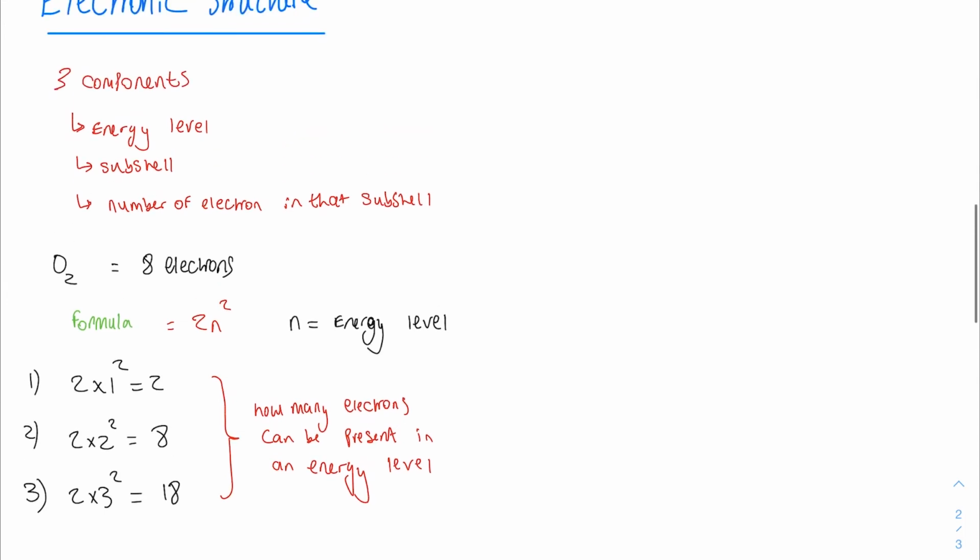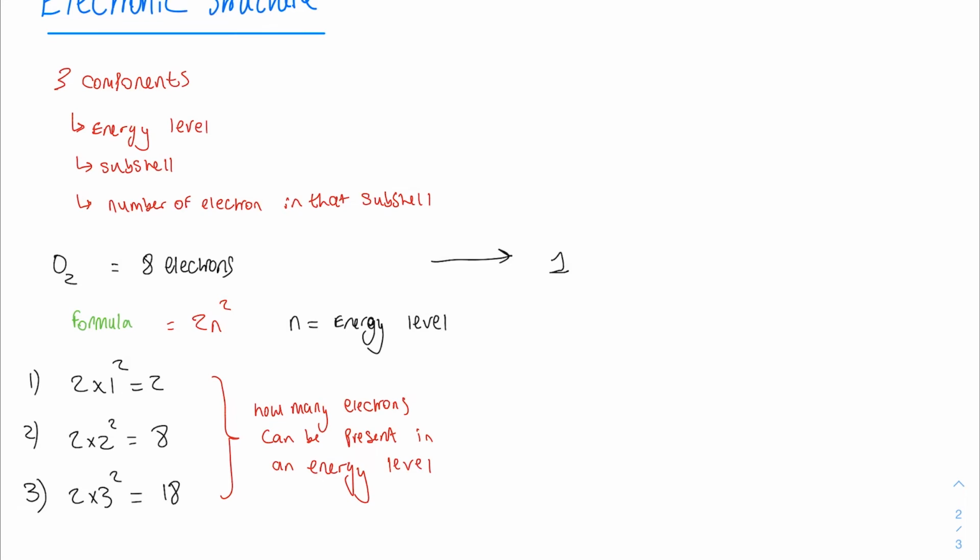Now let's look at oxygen again. So oxygen has 8 electrons. Now how would we write this in electronic structure? So we start with the first energy level, which is 1. Then we start with the subshell.